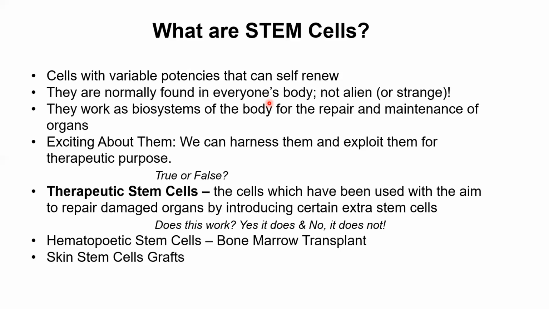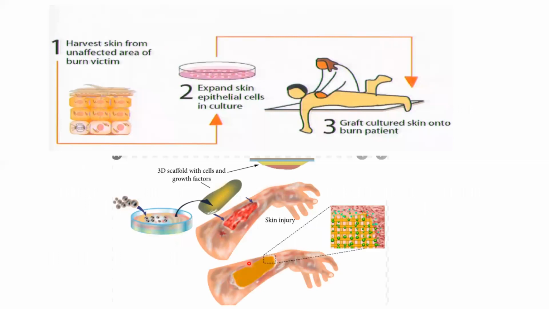In the case of hematopoietic stem cells, the bone marrow transplant is a classical example that it works. We all know about it. And the other example is skin graft stem cells. Like in this image, you can harvest skin from the unaffected area of a burn victim.